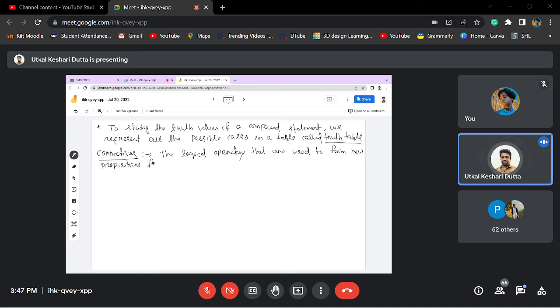New propositions from two or more existing propositions, that means given propositions. These logical operators are called connectives.